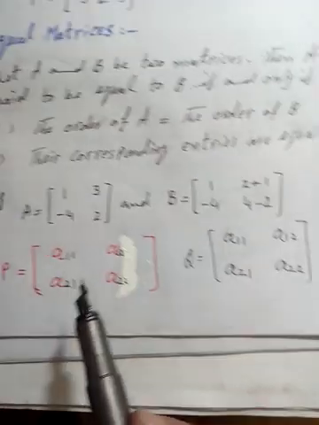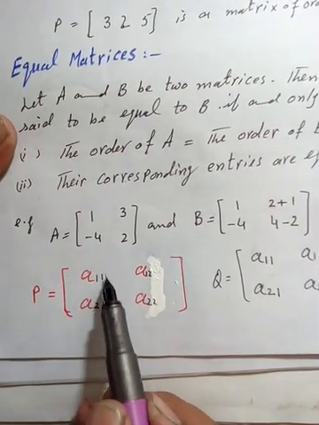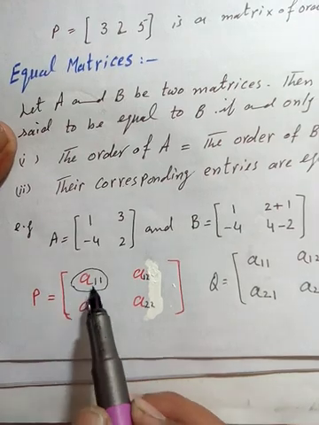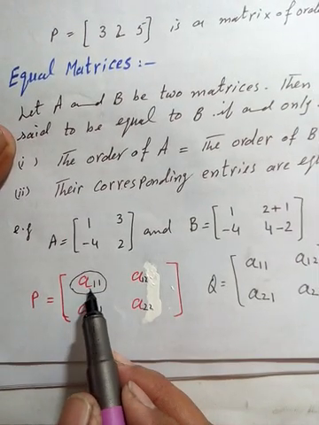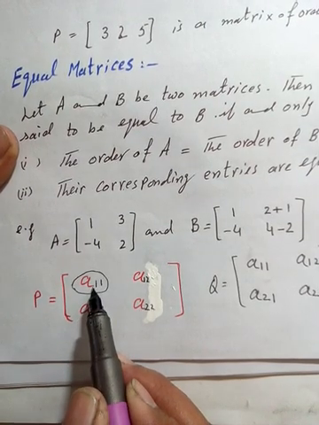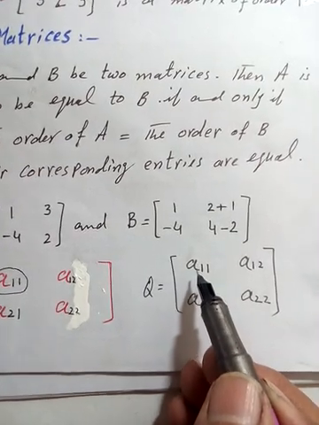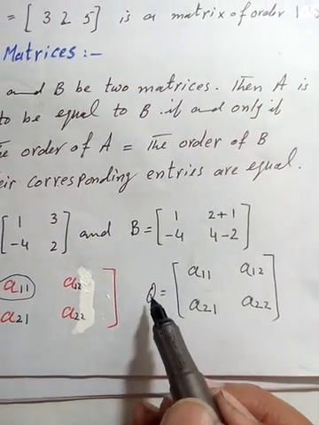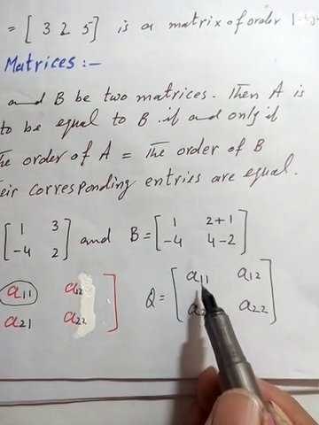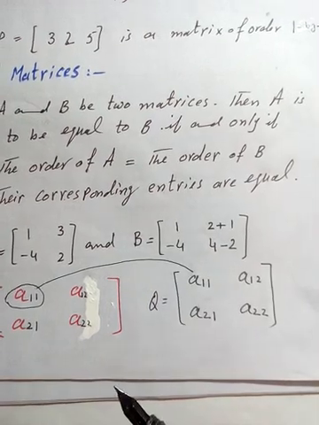Now we can specify the position of each element. This element is located at A11, which means row number 1 and column number 1. In the Q matrix, the position of this element is also row number 1 and column number 1, so these are the corresponding elements.